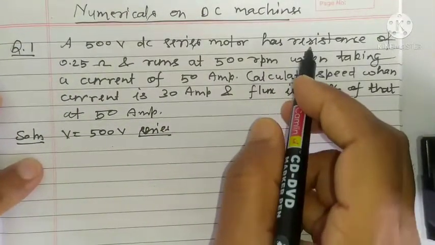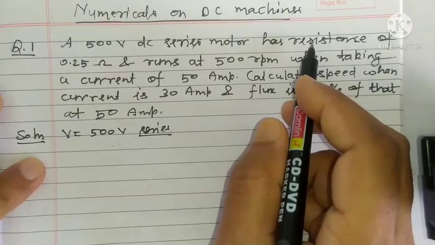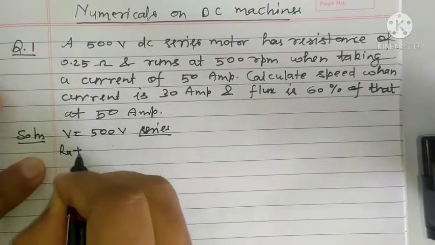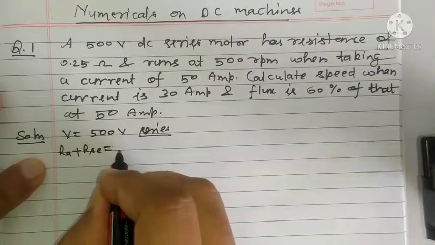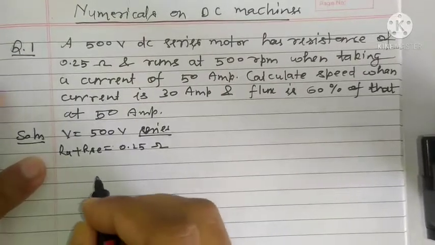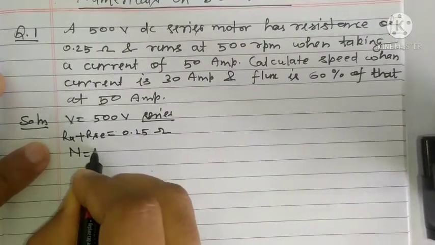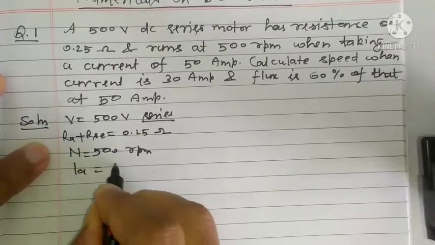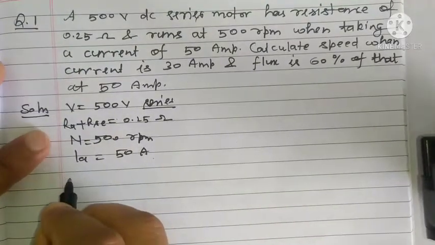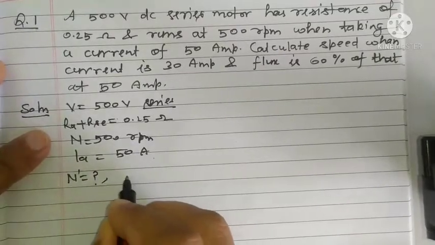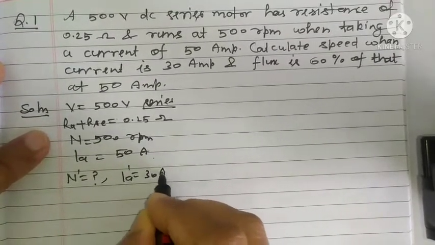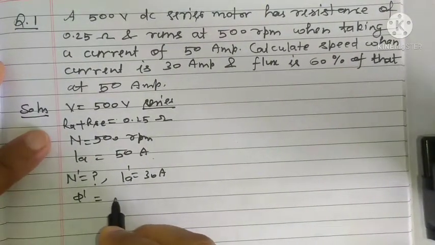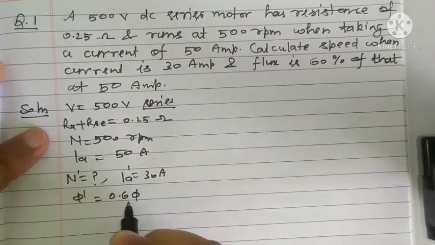Resistance, it is not mentioned whether armature resistance or field resistance, therefore this resistance will be considered as total resistance, that is Ra plus Rsc is 0.25 ohm, right? It is running at 500 rpm when current is 50 ampere. And what is expected? Find the new speed if the new current is 30 ampere and flux phi dash is 60% of the original flux, that is 0.6 of phi.